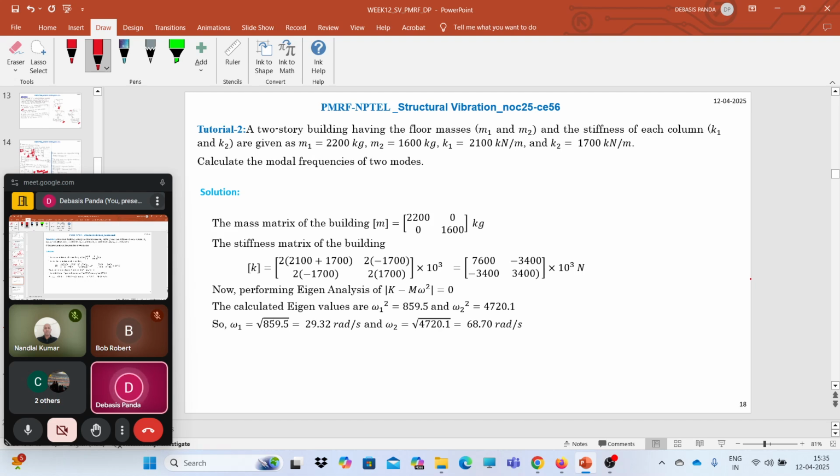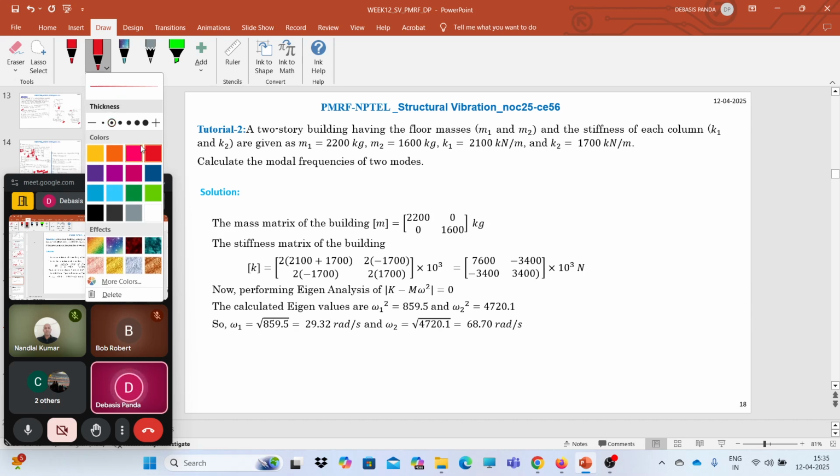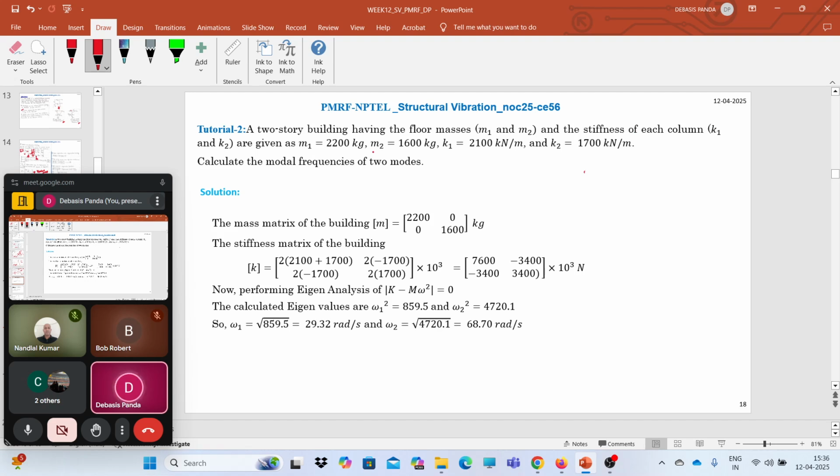Continuing with the problems, let's say we have another problem, and let's figure out how quickly we can solve it using the on-screen calculator. A two-story building, the floor masses are given, stiffnesses are given, and calculate the frequencies for two modes.